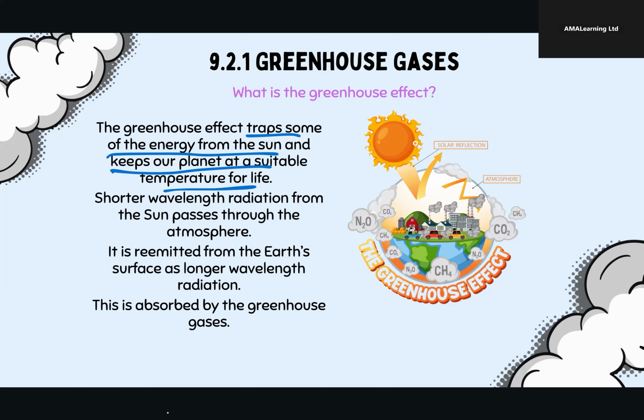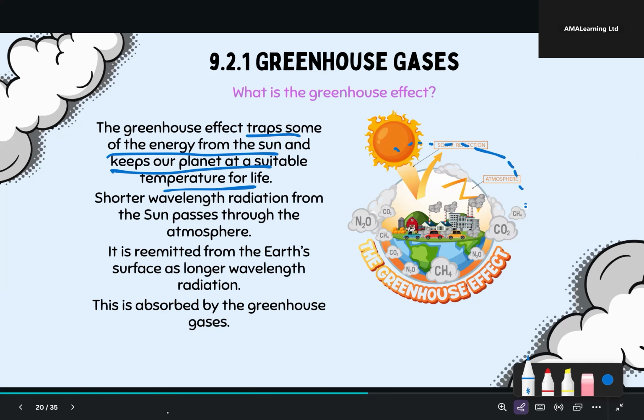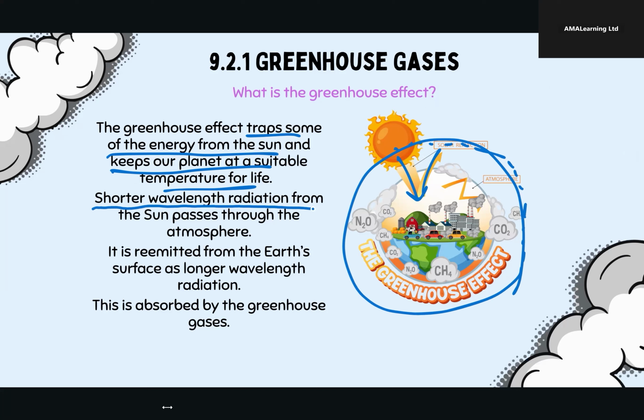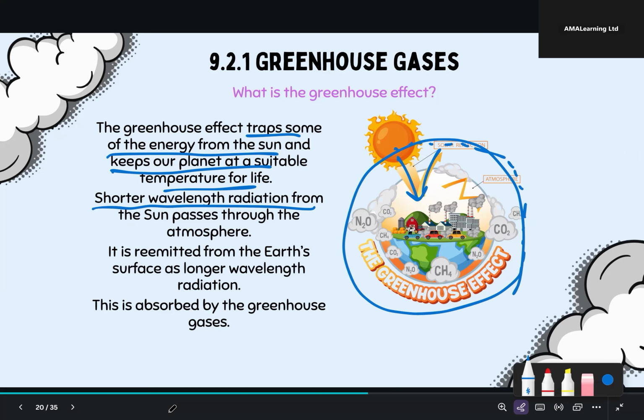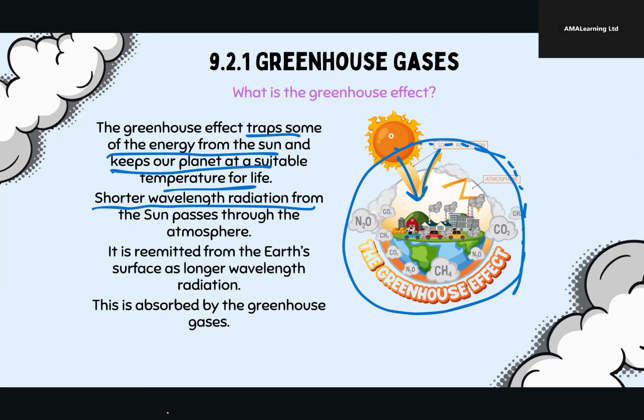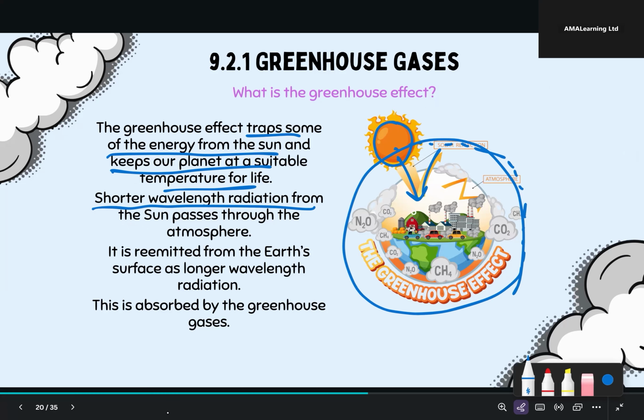The carbon dioxide that's around the Earth, so that blue line which I'm just drawing there. When the sun's energy hits the Earth's surface, it comes as shorter wavelength radiation.